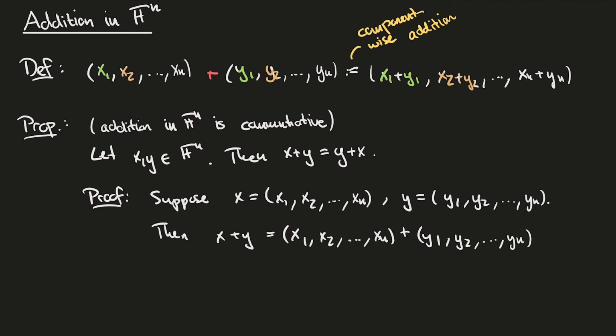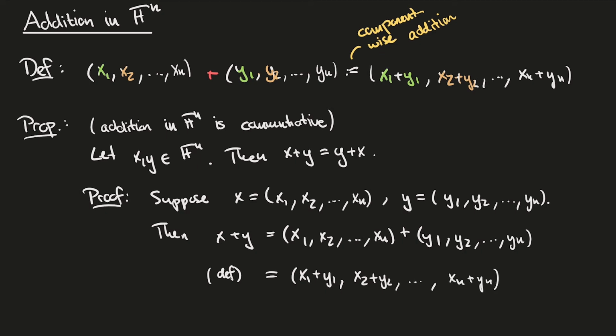This equality is just expanding the more compact variable notation of having an x in Fn to its coordinate representation, which gives each of the coordinates in the base field F. And now we can apply the definition of addition, which is above, to get x1 plus y1, comma, x2 plus y2, and so on up to xn plus yn.